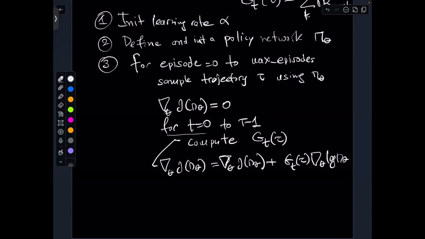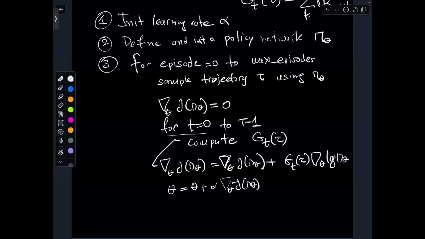At the end of this loop, we update our theta per the gradient we just calculated, and we do that across all episodes.